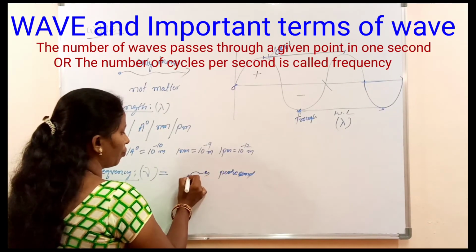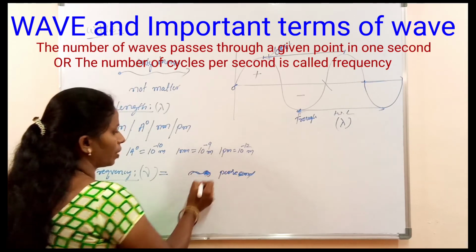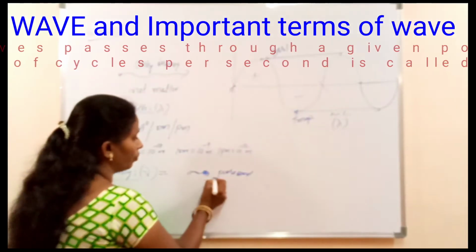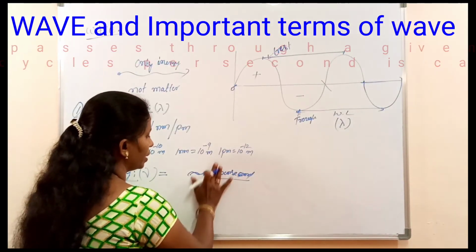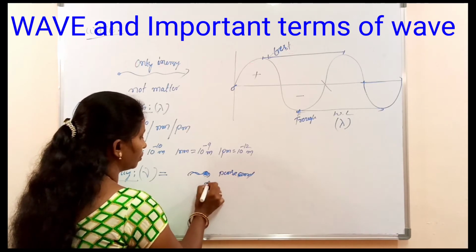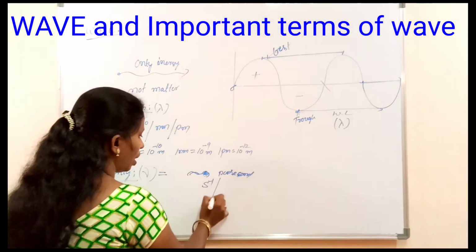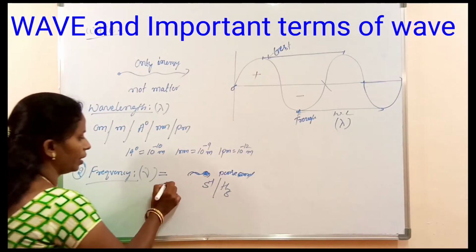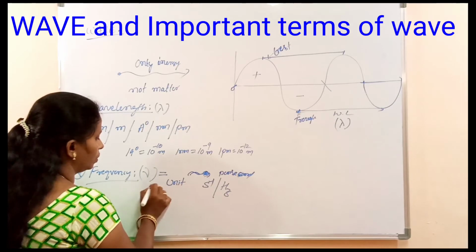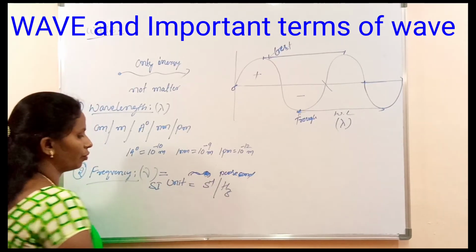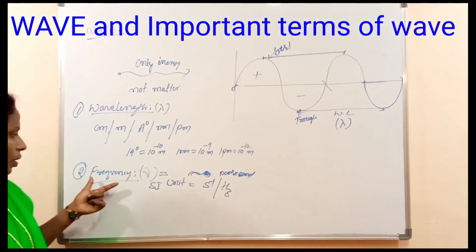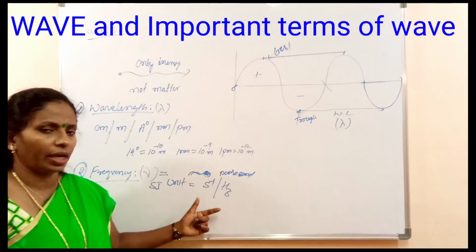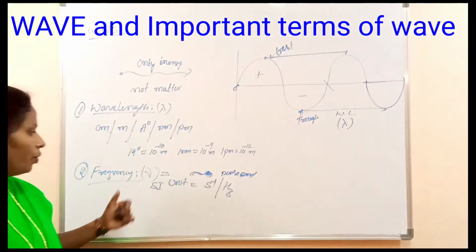The unit is per second or hertz, the SI unit for frequency. The number of cycles per second or the number of waves passed through a point in 1 second is called frequency.